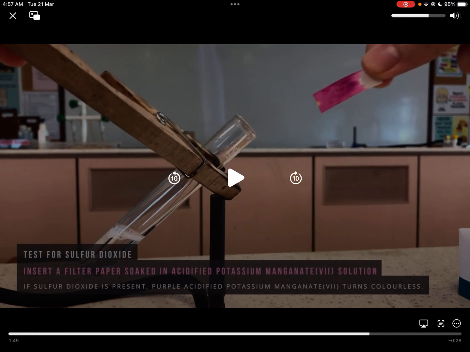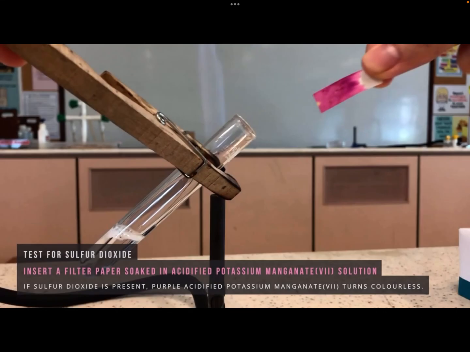Sulfur dioxide, you use a purple color solution. You soak the filter paper in a purple color solution called potassium manganate. It's an oxidizing agent. We'll explain about it in the next chapter. So basically, you use it to test for the sulfur dioxide. If it turns colorless, the filter paper will turn white. That means sulfur dioxide is there.